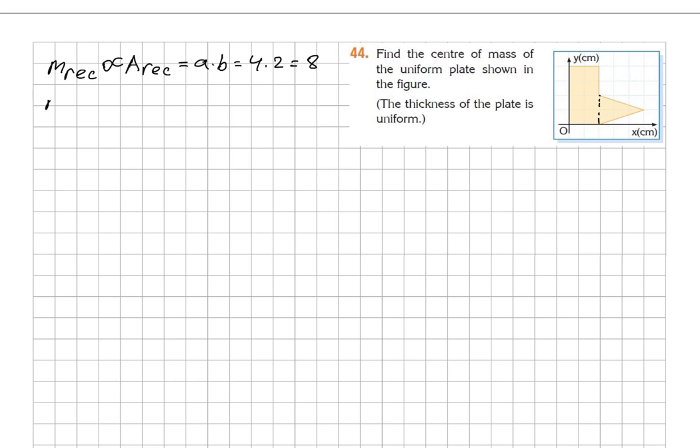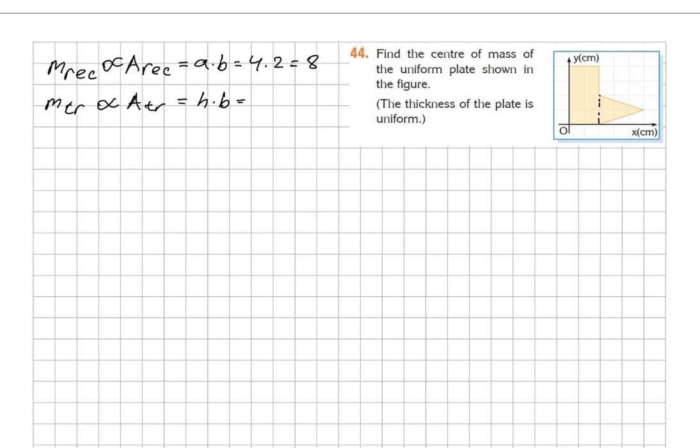So mass of the triangle is directly proportional to the area of the triangle, which is equal to the height times the base. Yeah. So because we can use this equation because it is isosceles triangle. Yeah.